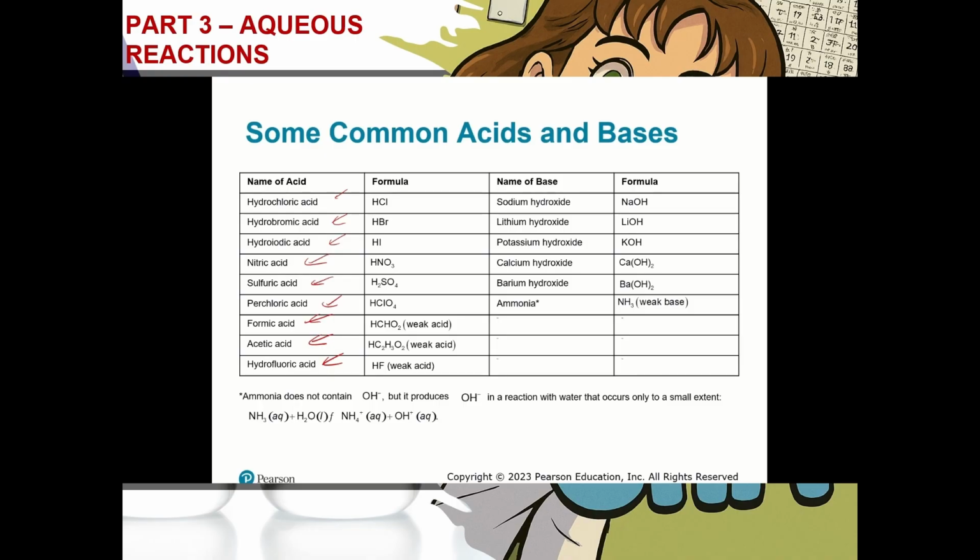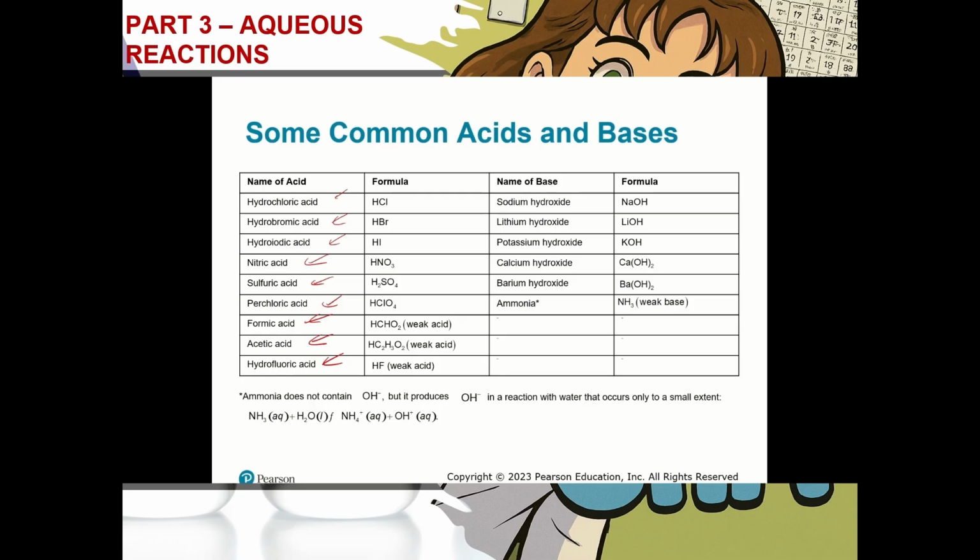Those 7 are the strongest acids. I know that nitric and hydroiodic acid we don't talk too much about, but it's good to know which are strong and which are weak, because they are good electrolytes, so it's good to know.